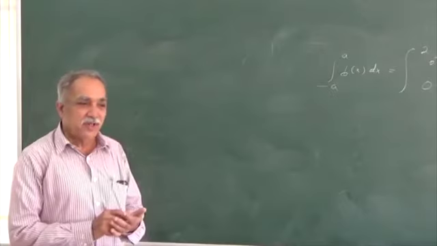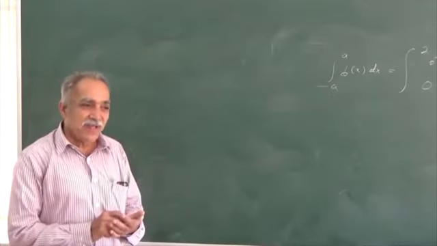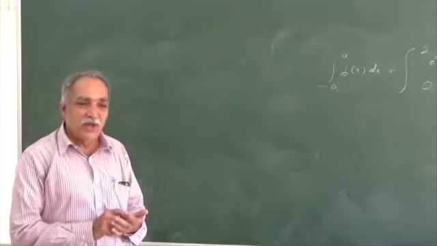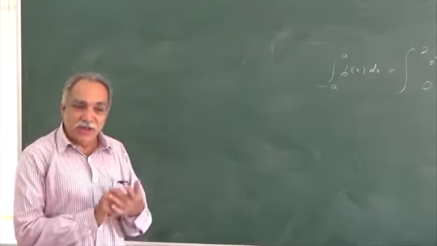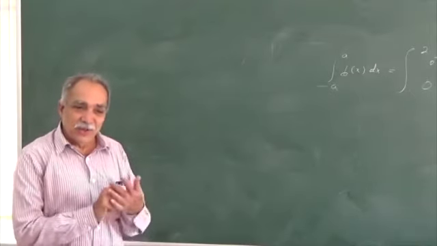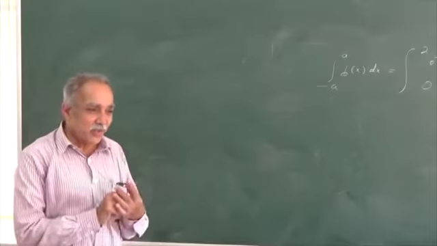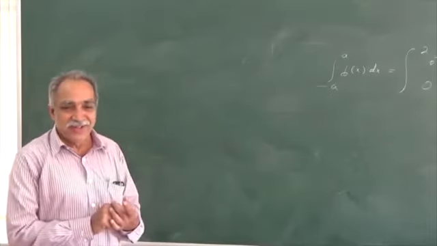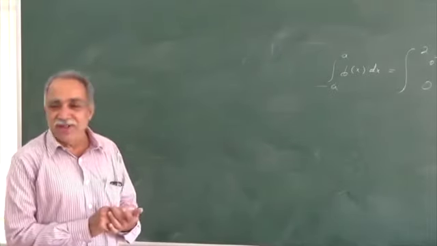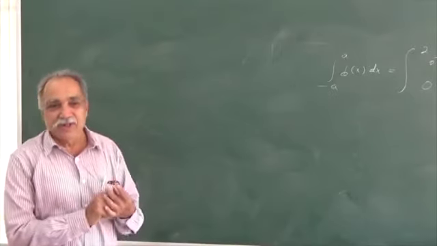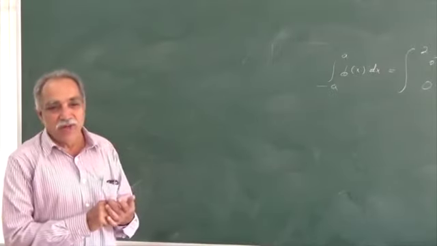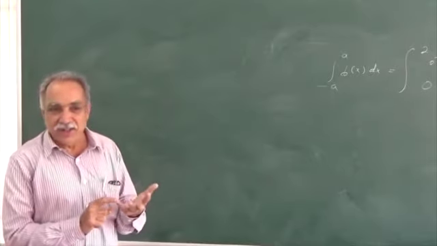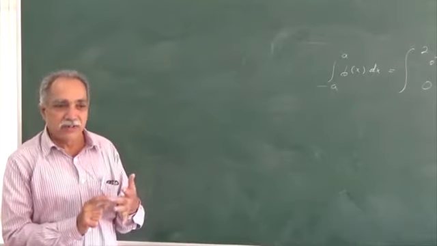The constant function which attains the value 0 at every point. The only constant function f of x equal to 0 for every x. That function is both even and odd. That's the only function which is both even and odd. All other functions are either even or odd or neither.